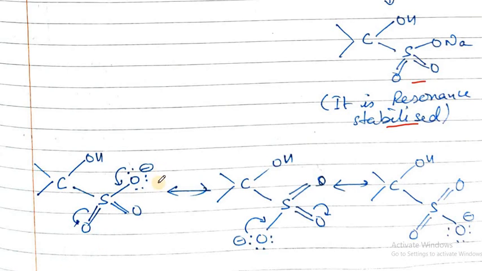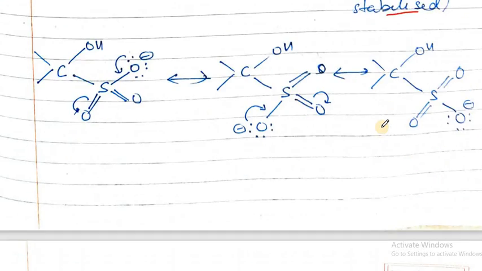When these electrons move to form a double bond, the electrons move to this O with negative charge. So this one has negative charge, in the next structure this one will have negative charge. Similarly, the third oxygen can also have negative charge. So these are the resonance structures. So this is resonance stabilized, therefore the proton transfer takes place.